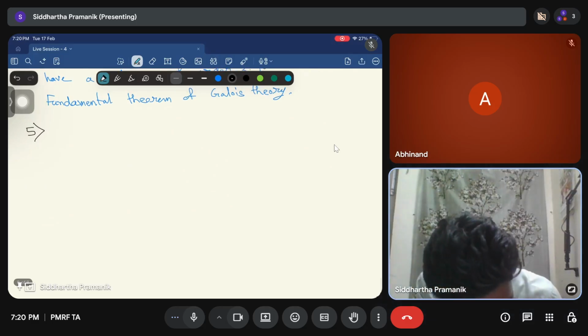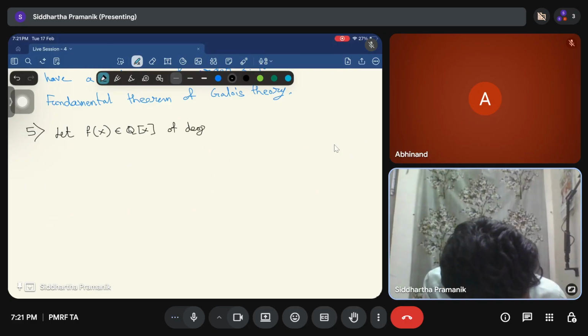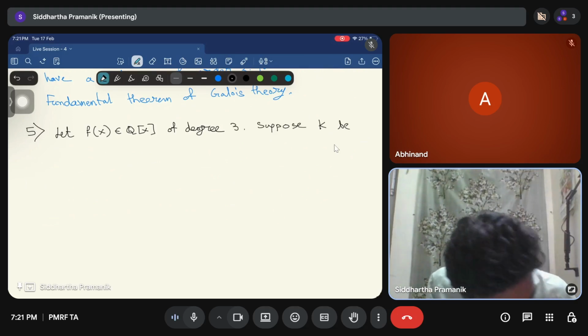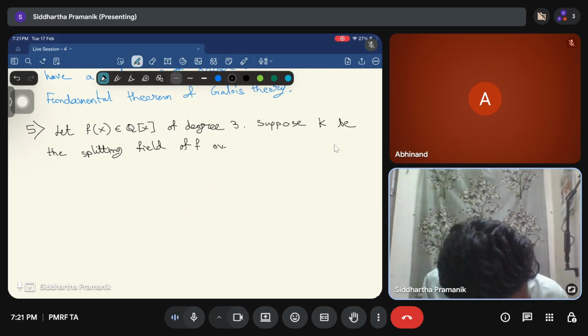Okay, so let f(x) be a polynomial in the ring Q[x] of degree 3, and suppose K is the splitting field of f over the field Q of rational numbers.